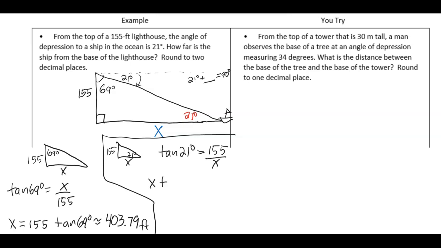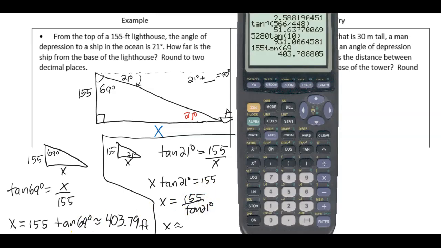Multiplying by x to clear fractions, and then dividing by tangent to solve for x, we get a different expression. Instead of 155 times tangent 69 degrees, we get 155 divided by tangent 21 degrees. However, when we go and do the details, we recognize we get the exact same answer.